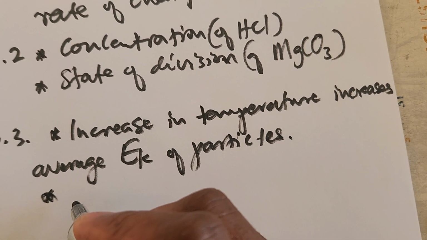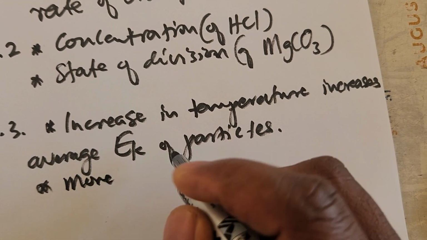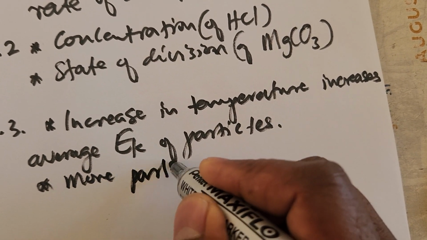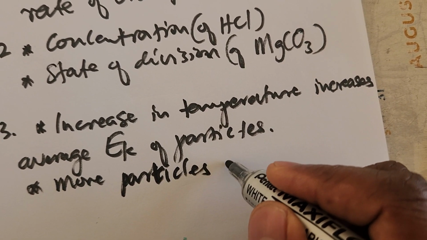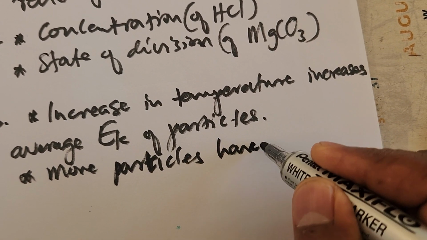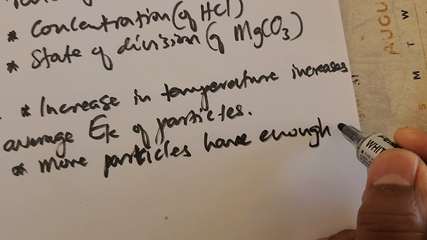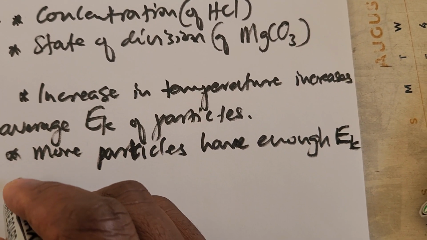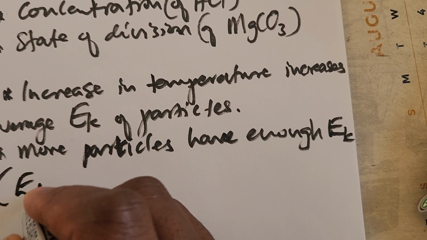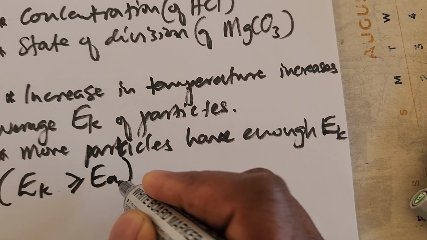The second one, therefore, once the average kinetic energy of particles increases, more particles will have enough kinetic energy. Remember, what is enough kinetic energy? It is the kinetic energy that is greater than or equal to the activation energy.